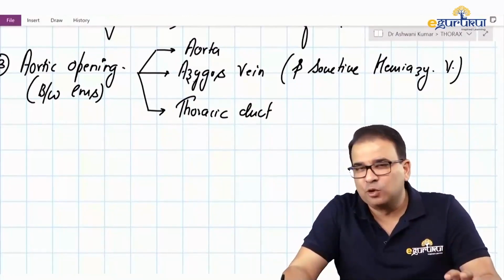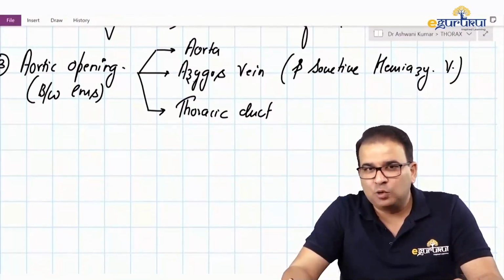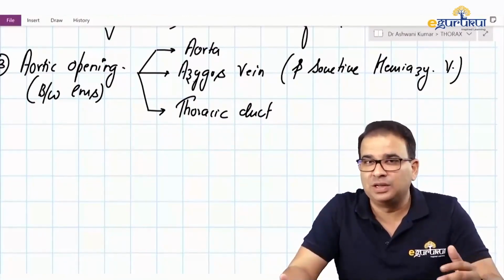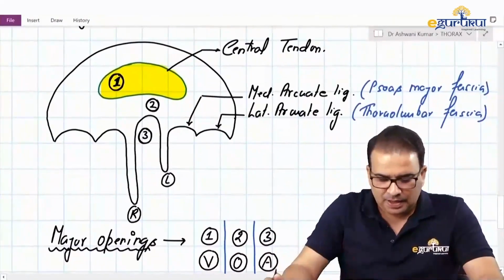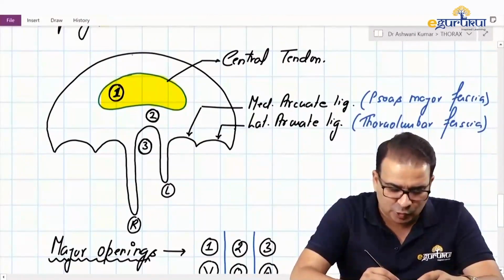Now let's come to some minor openings. Well, though they are minor openings, in the exam sometimes they become a major question. So minor openings of the diaphragm go like this: we have a minor opening present anteriorly close to the xiphoid process.